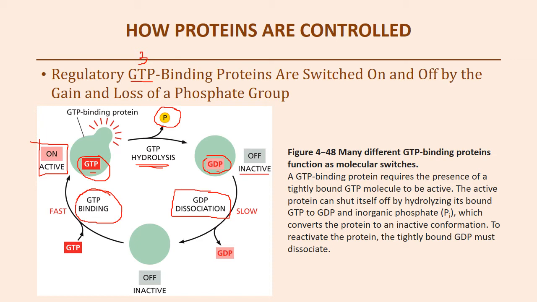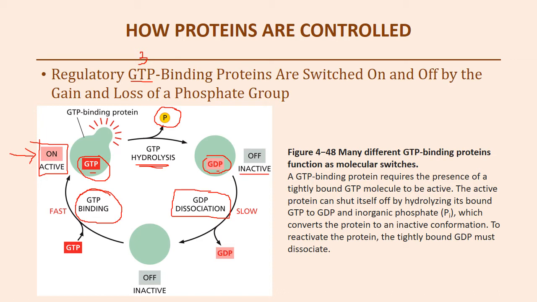And when it does that, we can go ahead and go back to our on/active formation. So keep in mind, in order for you to utilize GTP, we do have to have a GTP binding protein, meaning that there's an active site for it to accommodate the GTP molecule. Very similar to ATP to ADP, this process is completely reversible.